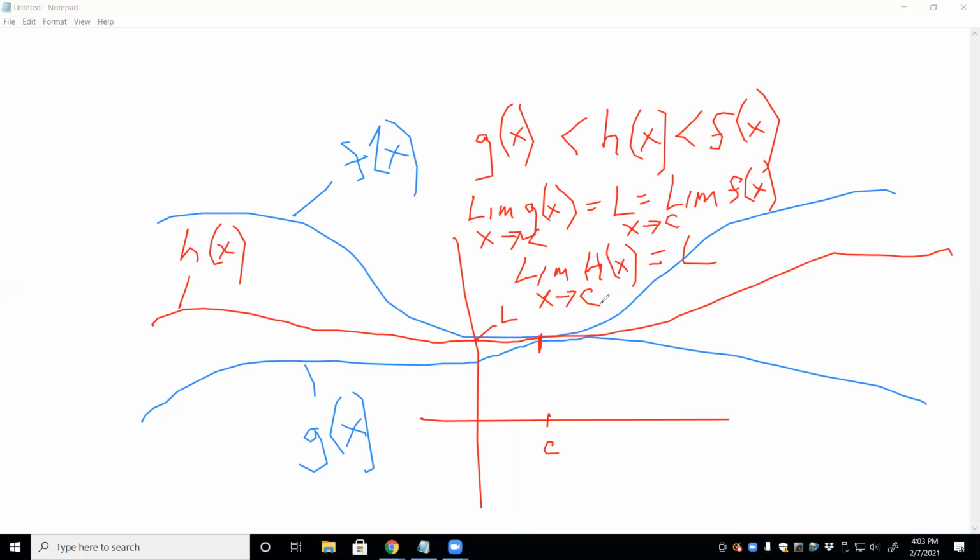And so the only way you can calculate the limit of h of x is the fact that it's squeezed between f of x and g of x at all places. Therefore, the limit of h of x has to be L also as x approaches C. And that's pretty much the squeeze theorem in a nutshell. Okay, and that's more or less how I understand it. Yeah.